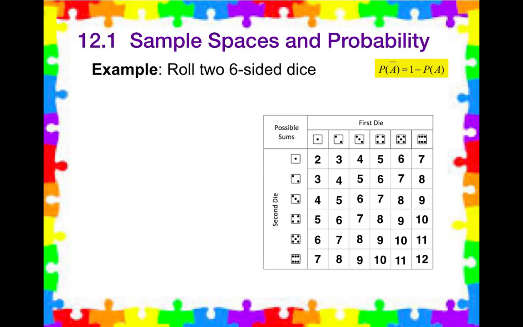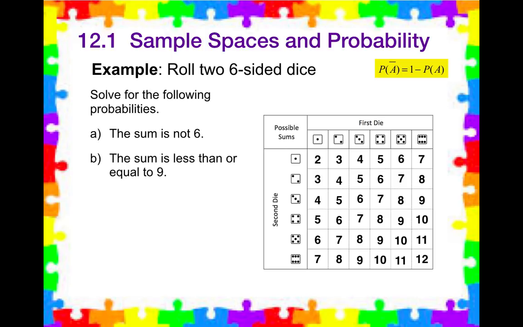Now let's take a look at the roll of 2 6-sided die, or dice. Solve for the following probabilities. We have the sum is not 6, and the sum is less than or equal to 9. So if the sum is not 6, first we look at the probability of getting 6.